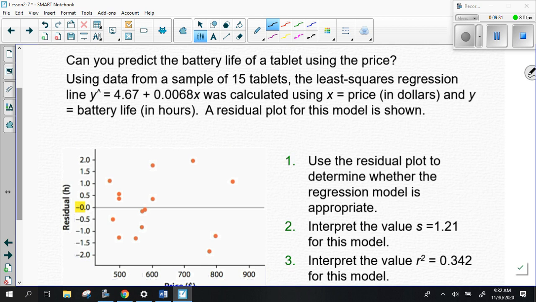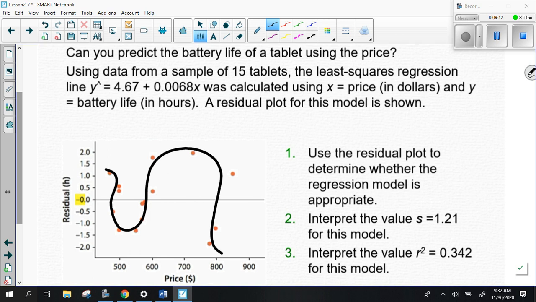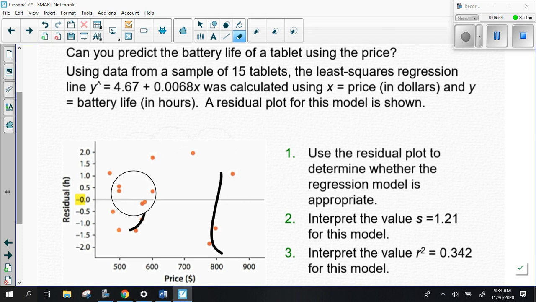So it does look fairly scattered, but unfortunately what we've got going on is, look at this curved pattern. I don't like that at all. So this particular residual plot is showing a curved pattern. So I would say that it is not appropriate.